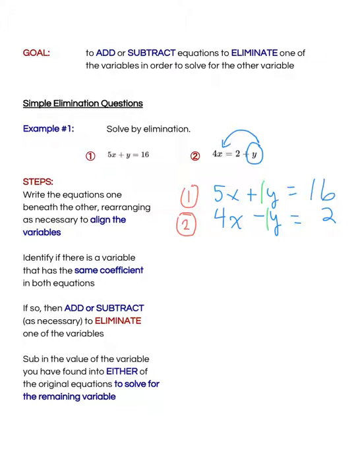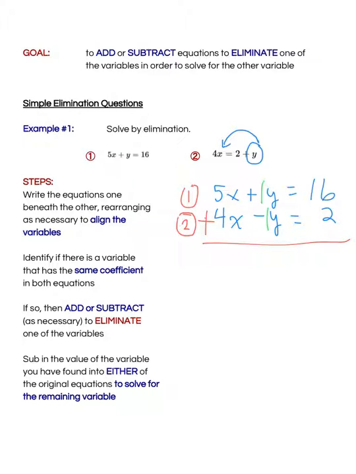And in so doing, I end up with 0y. So it looks to me as though adding these equations was the right way to go if I wanted to eliminate the y's. Now that you understand, hopefully, why we have to add these two equations together as opposed to subtract, we're going to add them together.